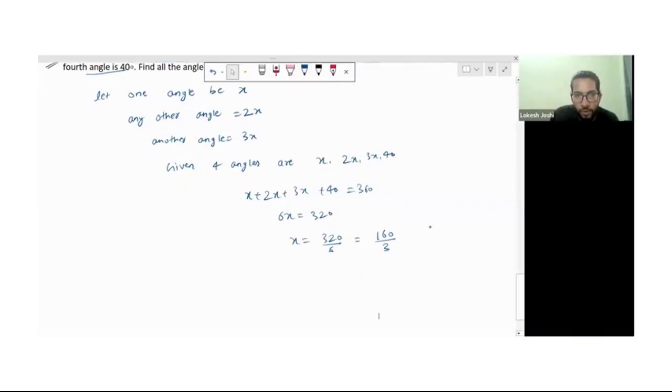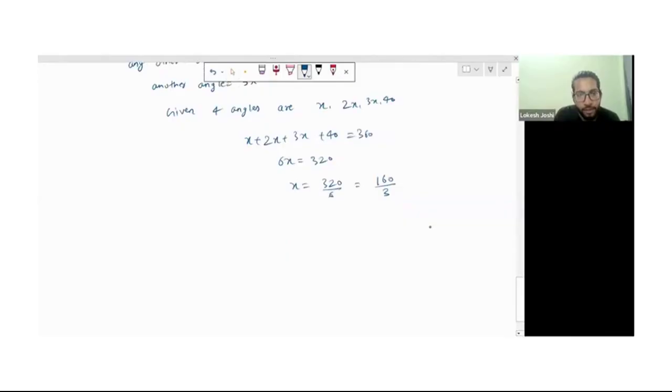So our angles are x, 2x and 3x. In place of x, we can directly write 160 by 3. In 2x, 2 multiplied by 160 by 3. And in place of 3x, 3 multiplied by 160 by 3.